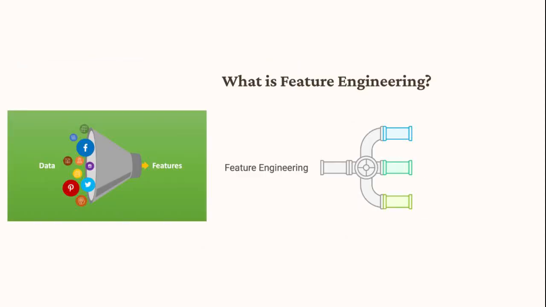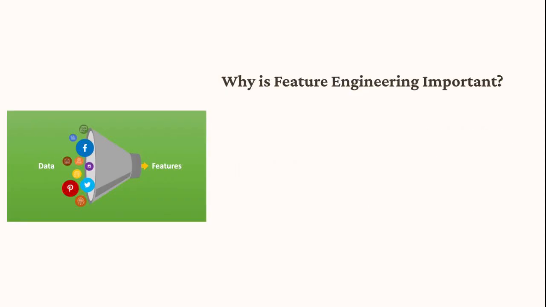Once your data is clean and preprocessed, the next step is feature engineering. Feature engineering is the process of creating new features, or variables, that make your data more meaningful and useful for analysis or modeling. Think of it as giving your data extra superpowers to make it more informative. So, why is feature engineering important?